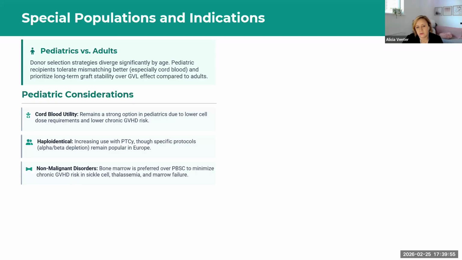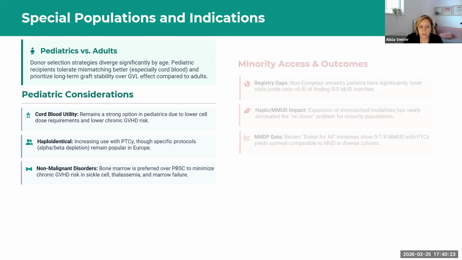So other things to take into account when selecting donors for pediatrics is the fact that there are cord blood options for them. If you're using haploidentical, with the increasing use of PT-Cy through specific protocols, haploidentical is still quite popular in Europe, and especially in non-malignant disorders, bone marrow is preferred over PBSC.